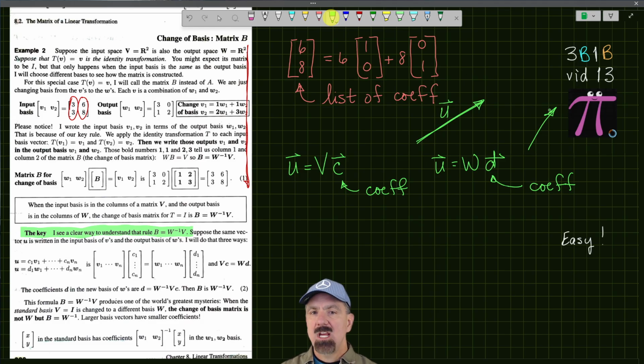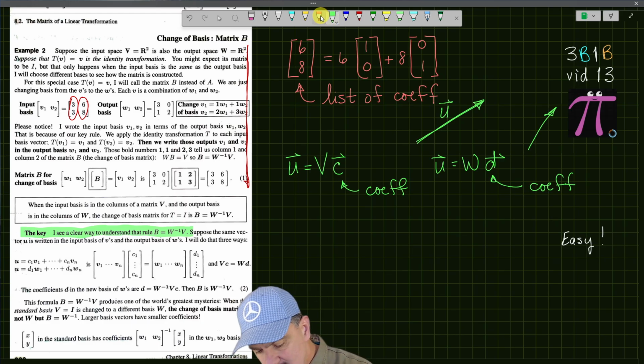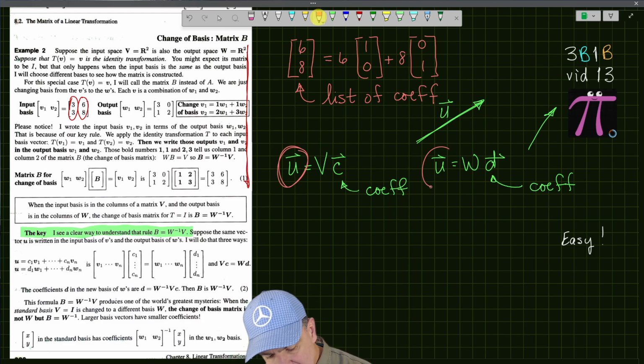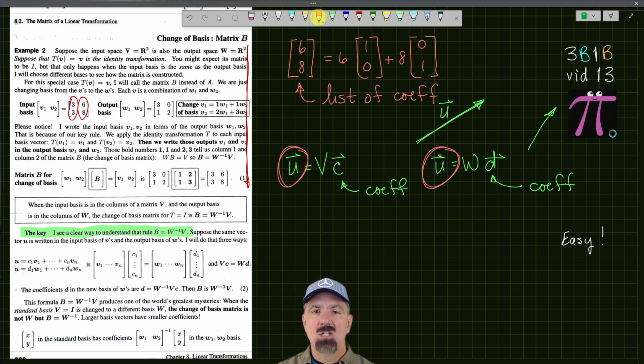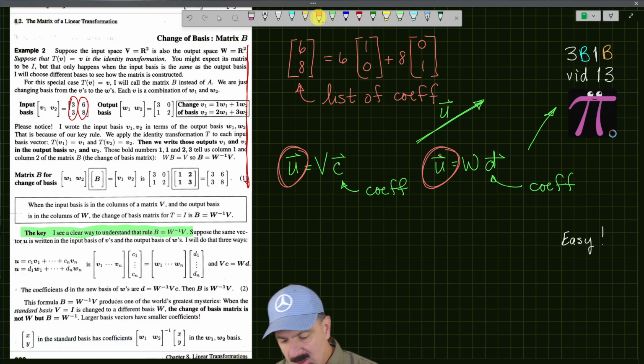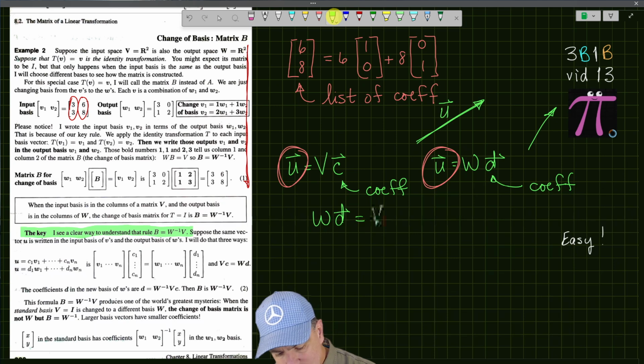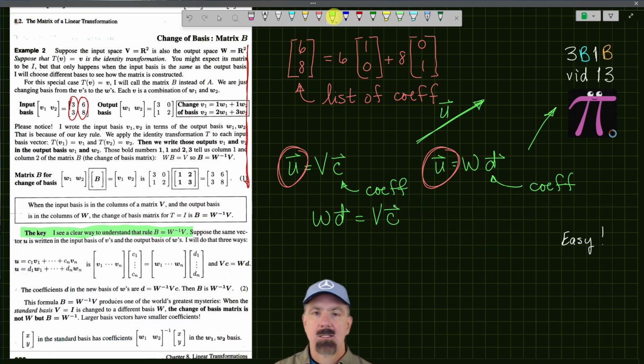So the question about change of basis really comes down to the fact that the u vector is the u vector. It is what it is. And we're just representing it differently. And what that means is that we can equate these two sides. It means that we have Wd is equal to V times the coefficient vector c.